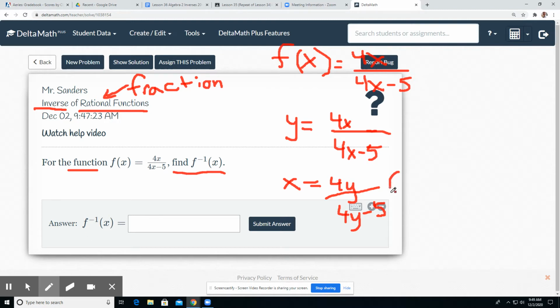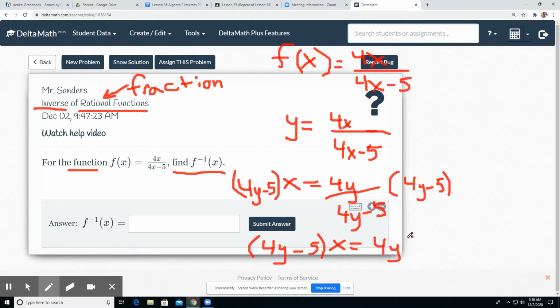Let's multiply both sides by 4y minus 5. Be very careful, you need parentheses right here. Now I'm not going to distribute it, because then that's going to trap it even more. So we'll just rewrite it. I have 4y minus 5 times x equals, these reduce out, and we're just left with 4y.